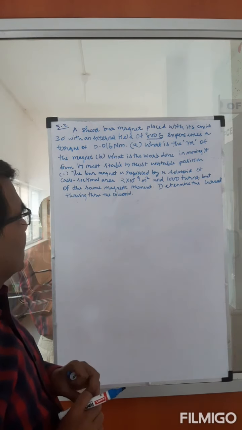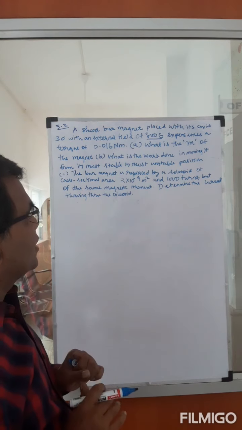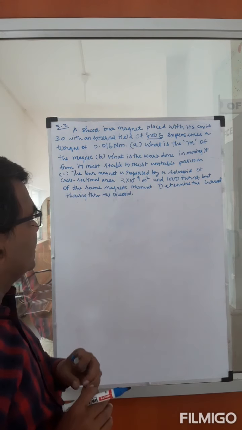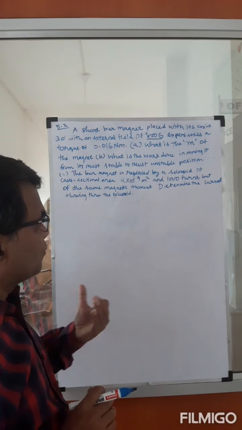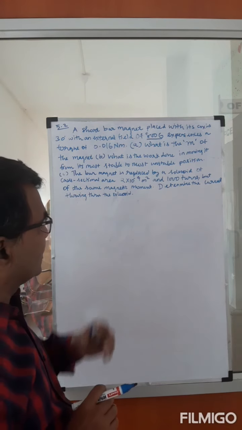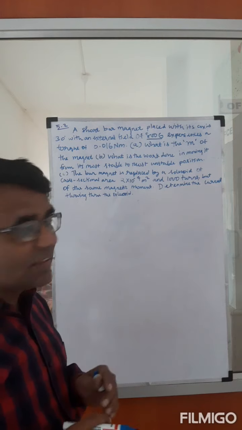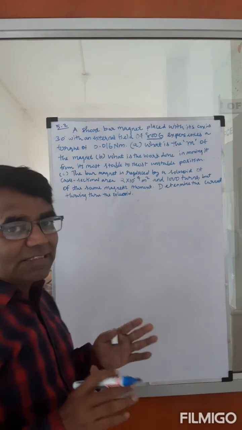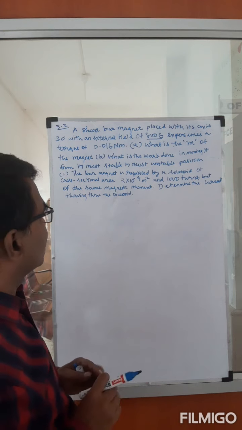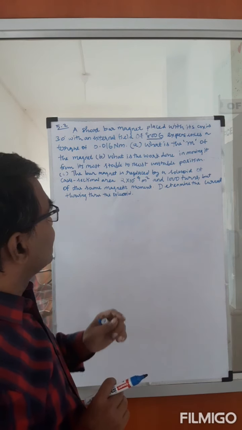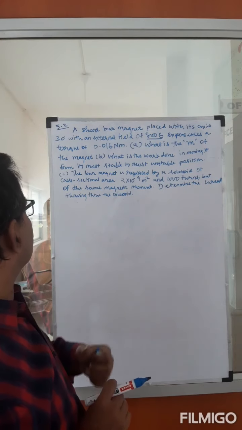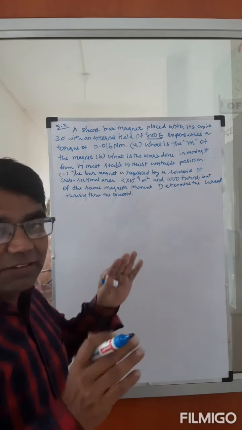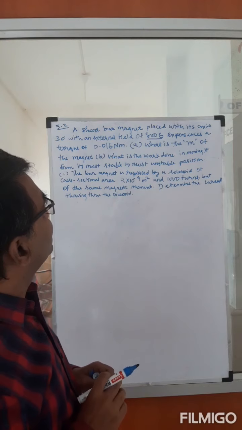C: the bar magnet is replaced by a solenoid of cross-sectional area 2 into 10 power minus 4 meters squared and 1000 turns, but the same magnetic moment. Determine the current flowing through the solenoid. So these are the three parts of the problem.